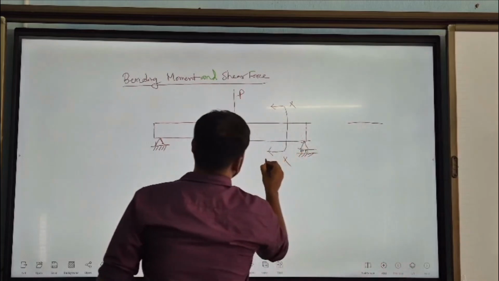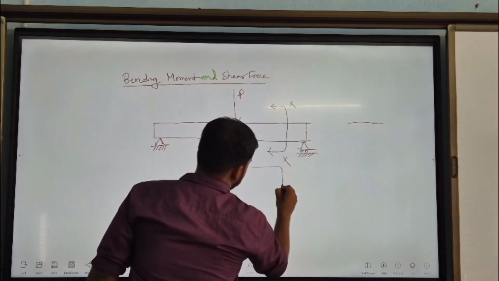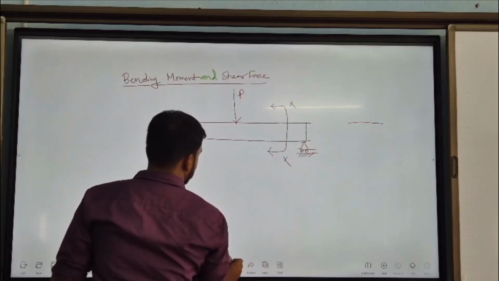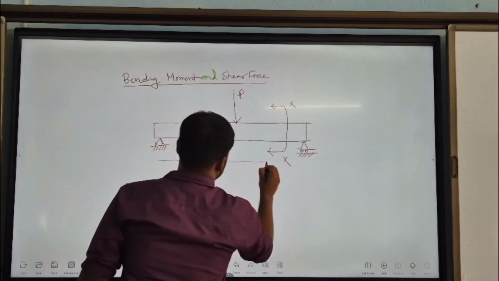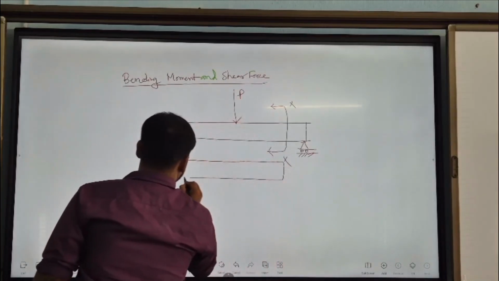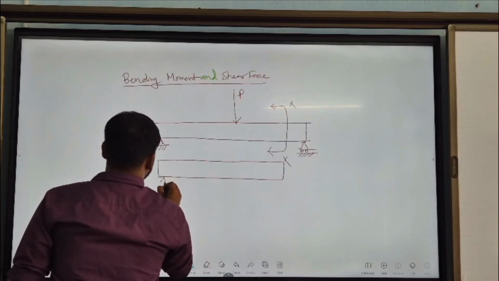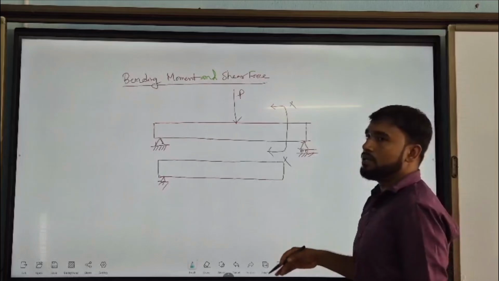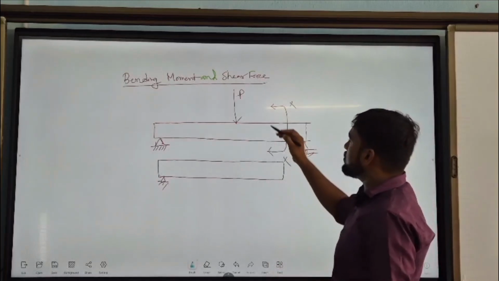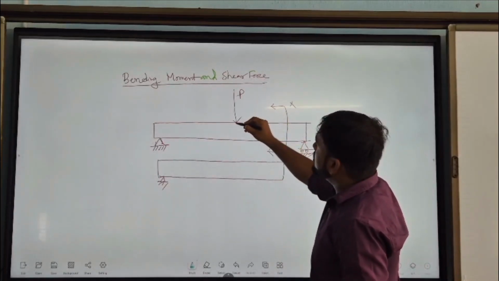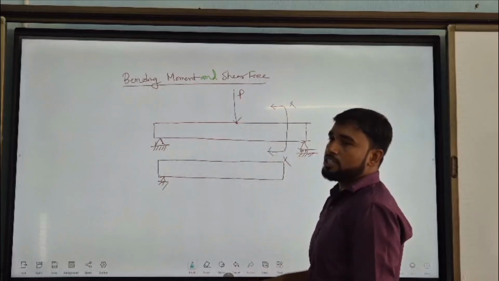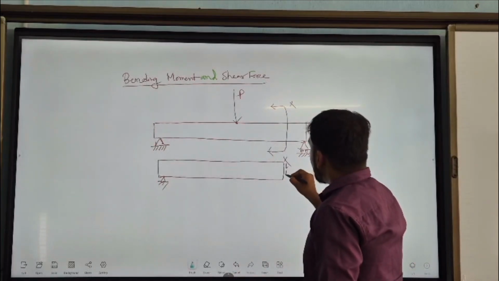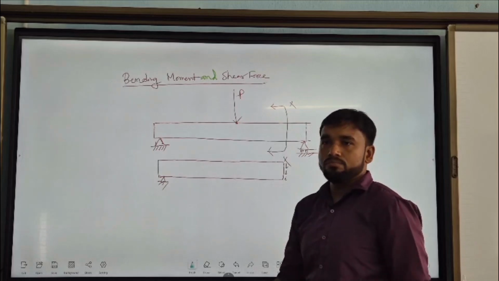The beam is cut here. The diagram will be like this. And just cutting here, what happens? Due to this transverse load, shear force will come in the beam.